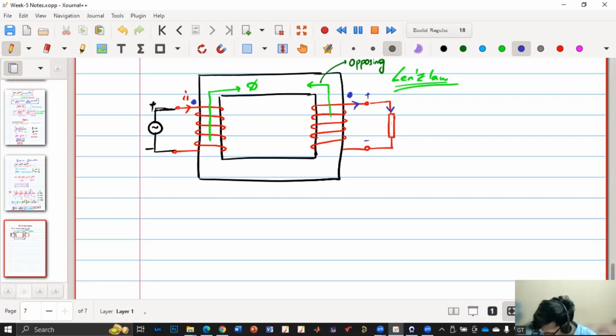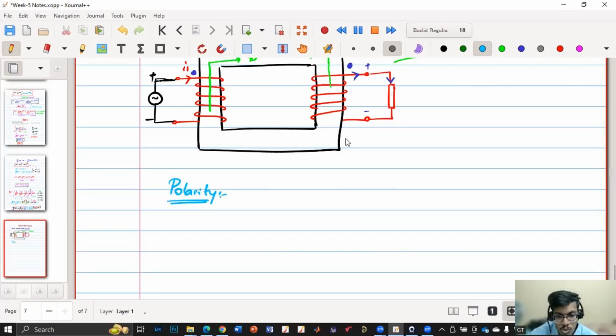So now we have understood the dot convention. Another important aspect is the polarity of the voltages. So we'll be considering two scenarios.